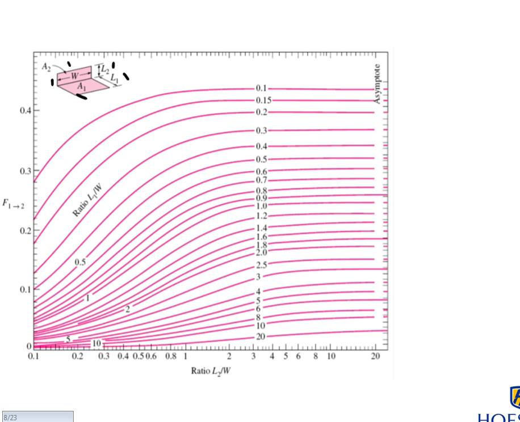And what we do is we find the ratio of L2 over W, then we find the ratio of L1 over W, and we look over on the y-axis and we'll come up with what our F1 to 2 is. Okay, so now let's try and adapt this to our problem.